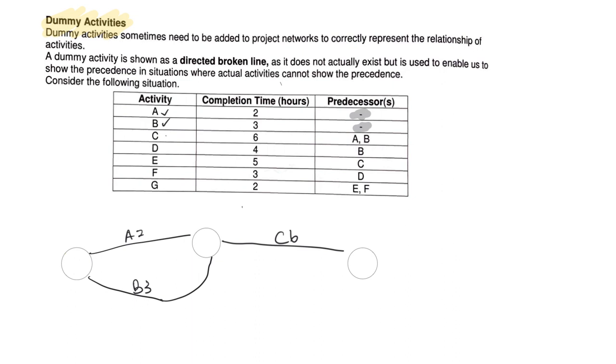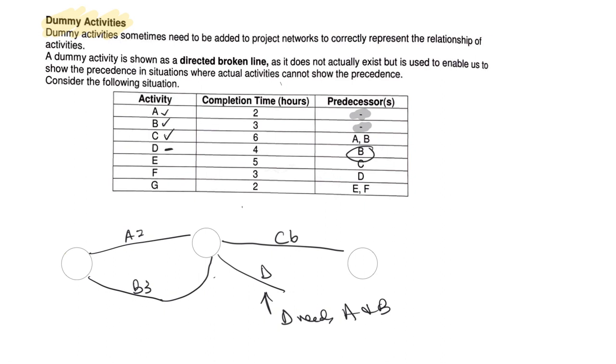And then C happens. Then I go to D, and D is only reliant upon B. So I can't have D happening here, because if I do it this way, this would mean that D needs A and B to finish. But according to my table, it only needs B.